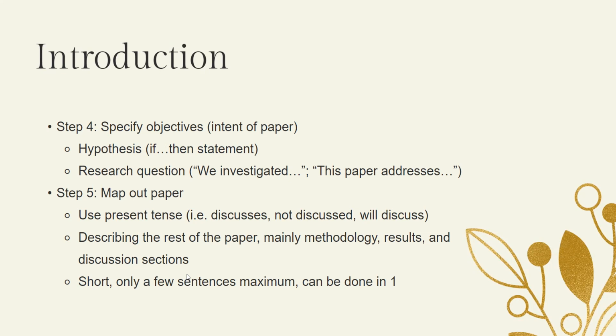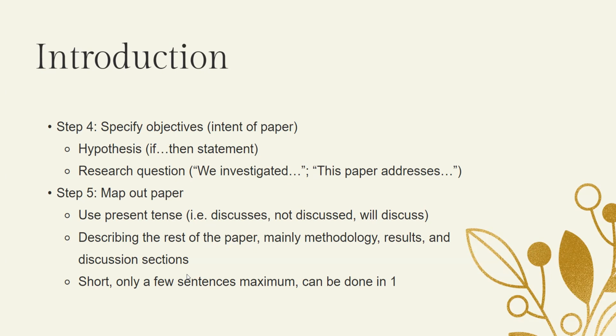So if I change this or if this increases, then that will decrease, something like that. What is more common in a lot of fields is instead stating your research question in the form of a sentence. So, for example, this paper addresses ethnic violence in the Balkans, for example.